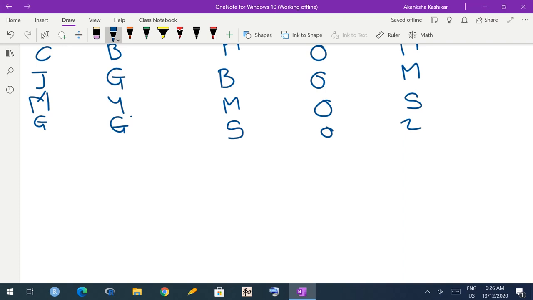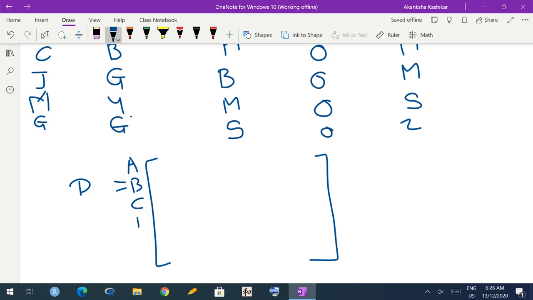In this manner we will compute the distance matrix D. So I have A, B, C, J, M, G, and then A, B, C, J, M, G. Of course, like every distance matrix, the diagonal entries are going to be 0.